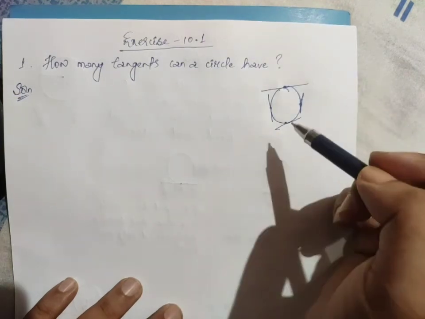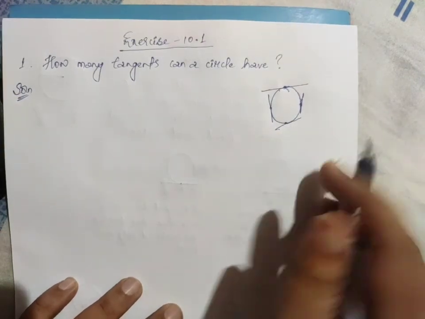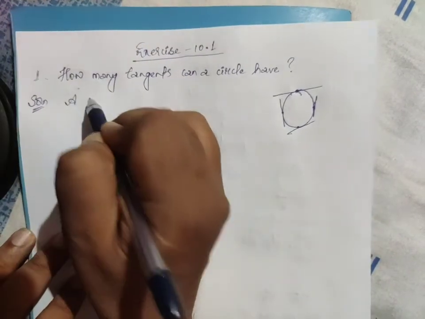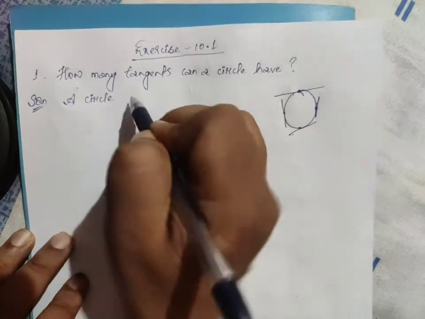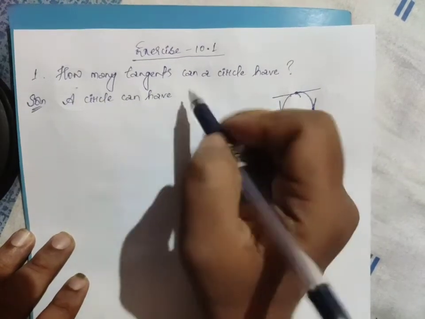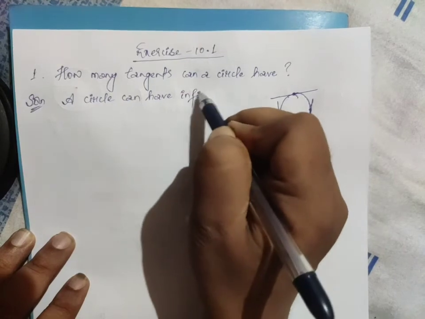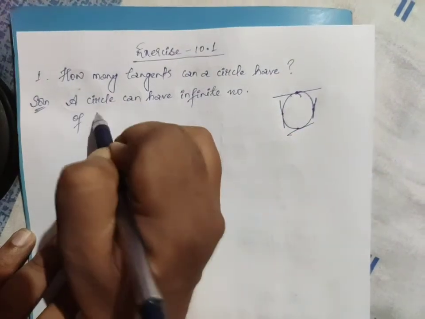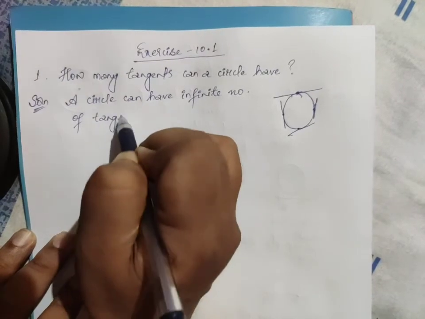So there will be an infinite number of tangents in a circle. So in the answer we can write: a circle can have infinite number of tangents.